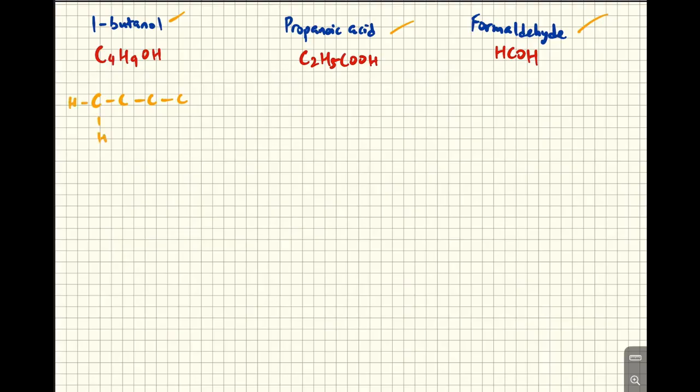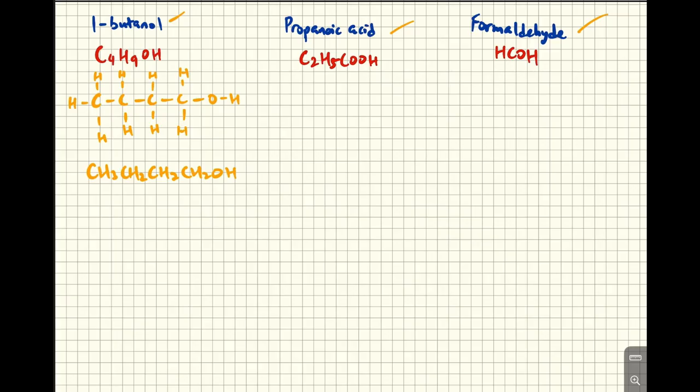Then you draw the hydrogens. Then you also draw the functional group. The condensed structure will look like this. Finally, the skeletal structure will look like this.